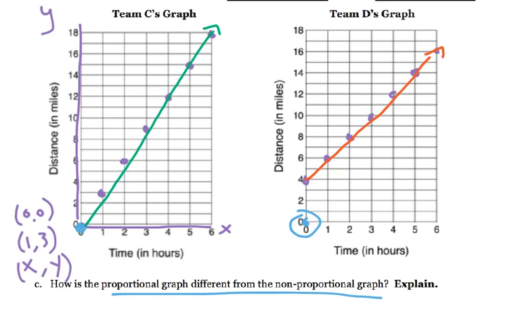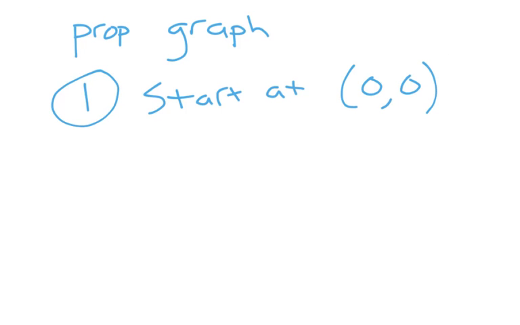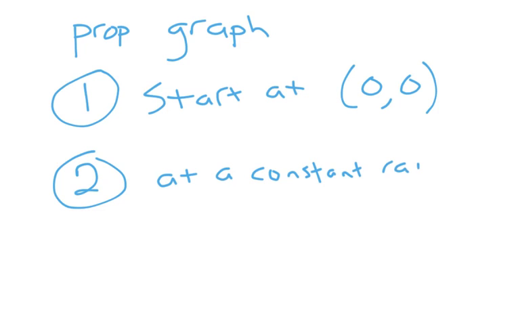So that's one thing. The other thing a proportional graph needs is it needs to go up or down at a constant rate, which is a complicated way of saying the line should be straight.